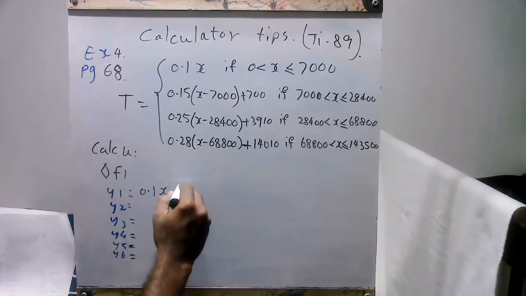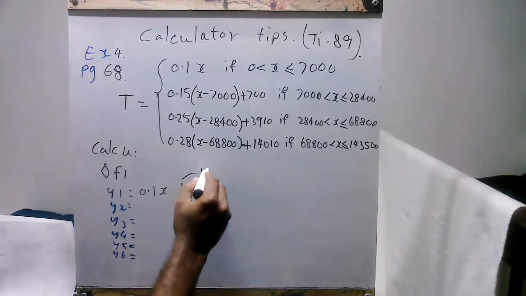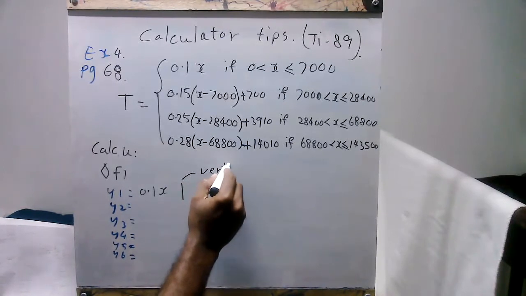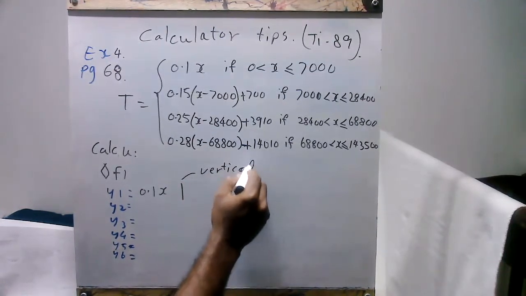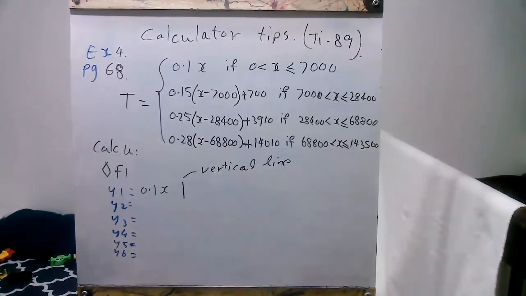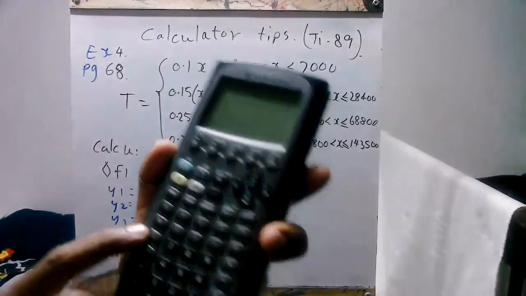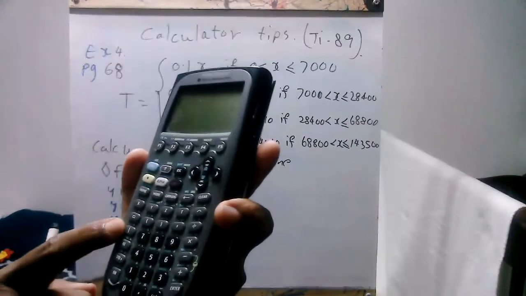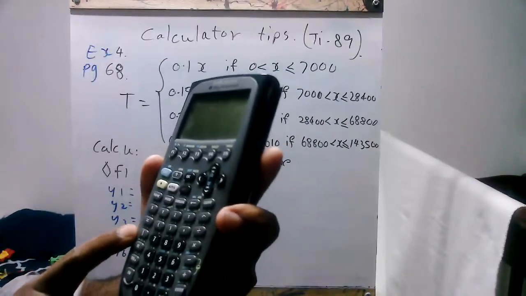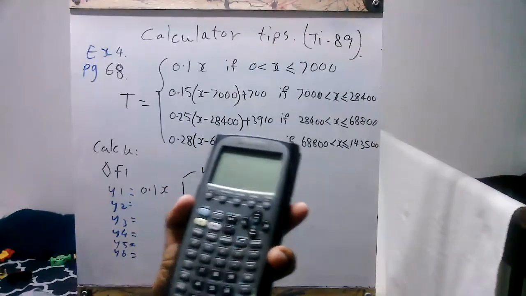To enter that, there is a straight vertical line in your calculator. It is right below the equal sign.